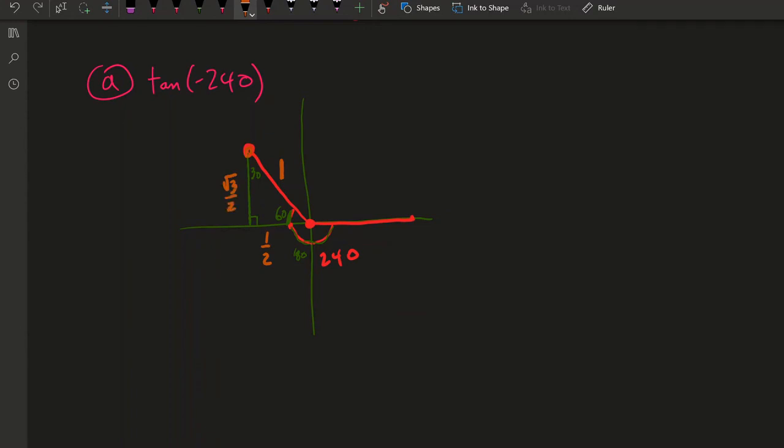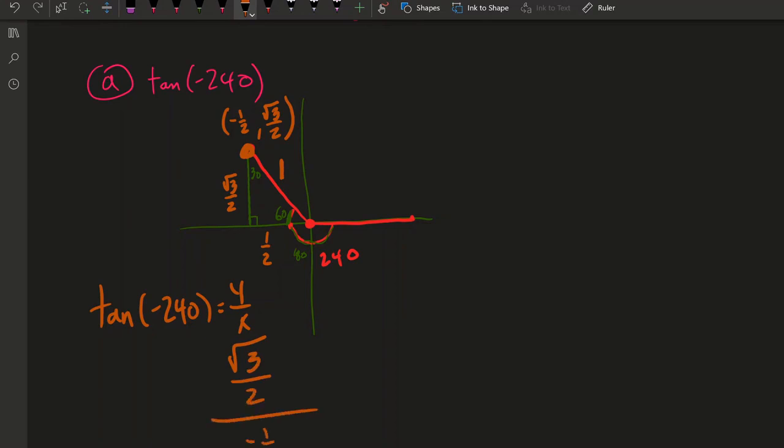Which means this point right here, we did go to the left, so that would be -1/2, and then the square root of 3 over 2. So tangent of -240 would be the y divided by the x, so that would be the square root of 3 over 2 divided by -1/2.